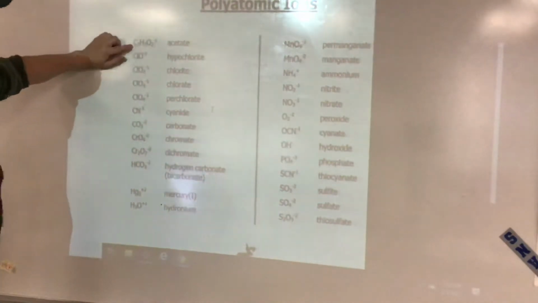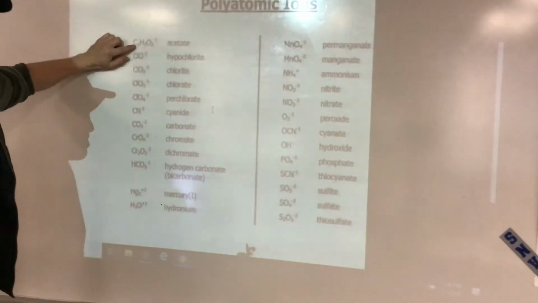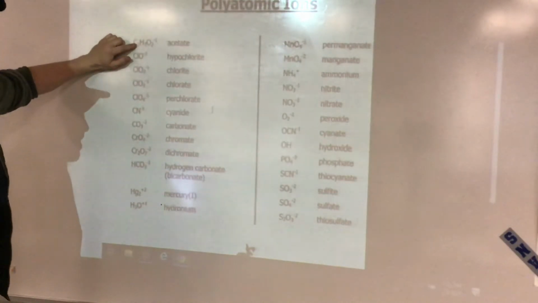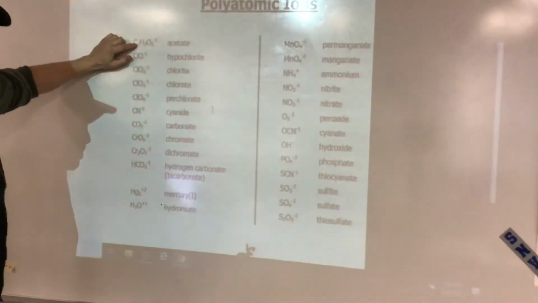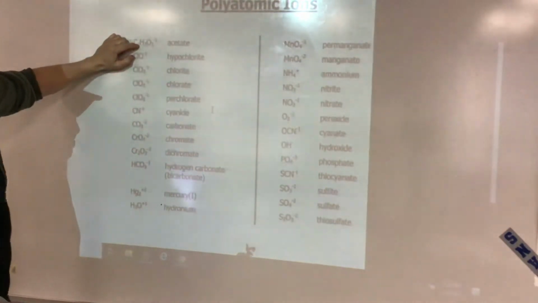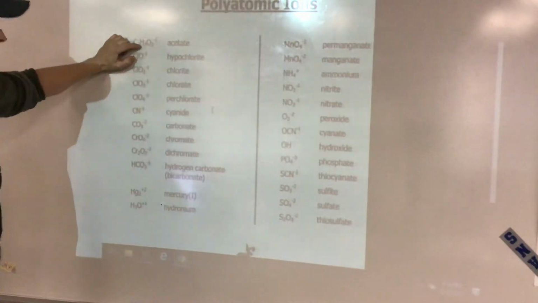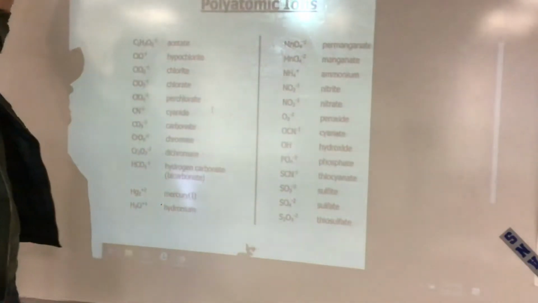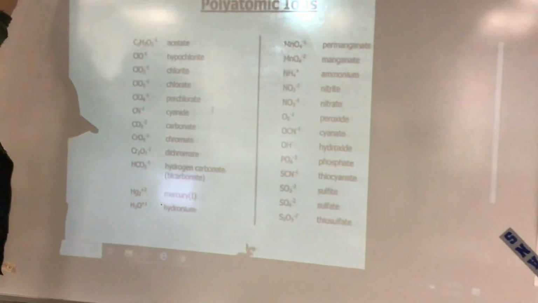The majority of the time, these are going to be the anion, the second one, but you can have a compound that is a combination of two polyatomic ions. We probably aren't going to go to that level, but I wanted to mention it. When you see these polyatomic ions, you will usually see them in the anion, which is the second one.